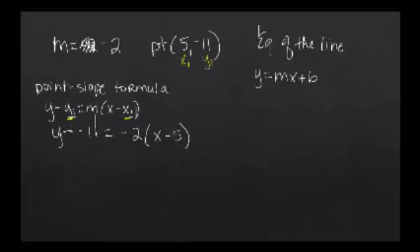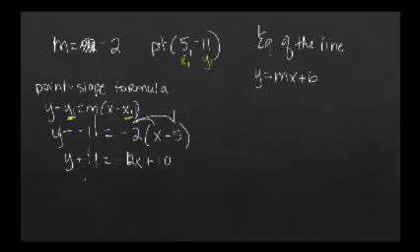Y minus -1 is y plus 1, equals, now I'm going to distribute the -2 with the x, so -2 times x is -2x, and then -2 times -5 is +10.